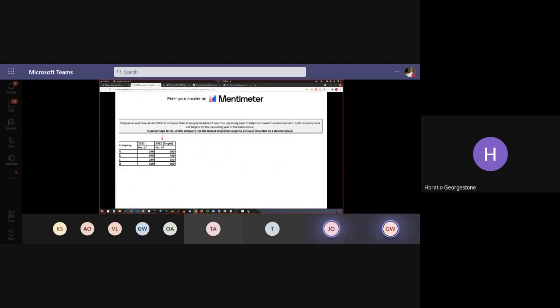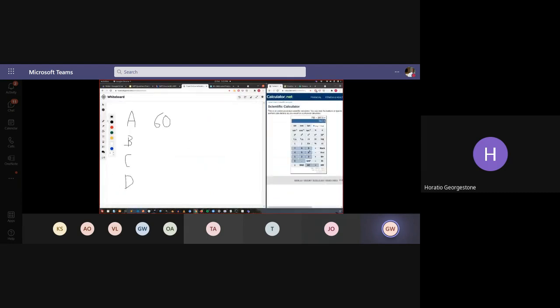And then find what percentage that is of the current. So 60 out of 140 is 42.8%. 42.9%.